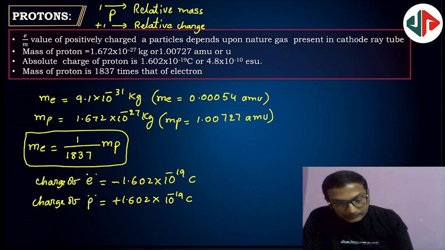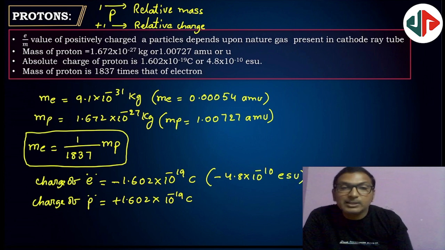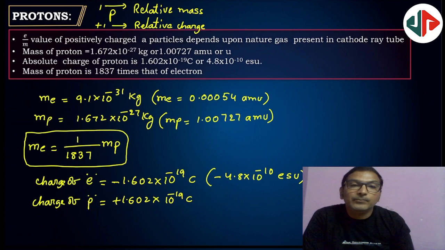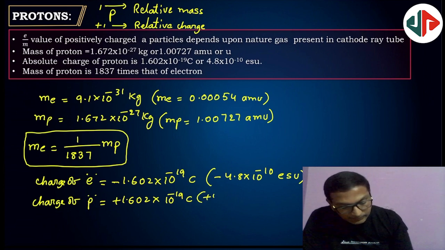Next, in electrostatic units, charge of electron is minus 4.8 into 10 power minus 10 ESU, and charge of proton is plus 4.8 into 10 power minus 10 ESU.